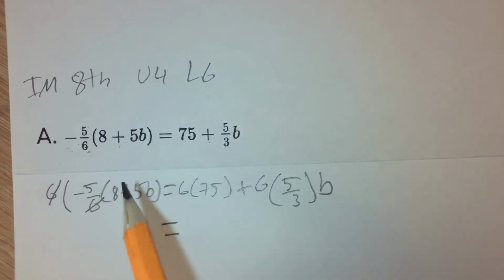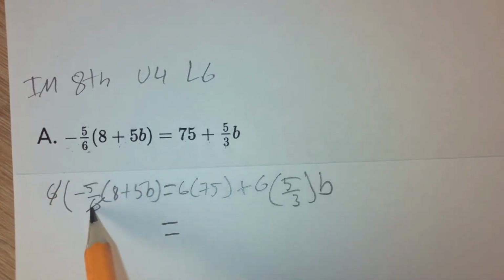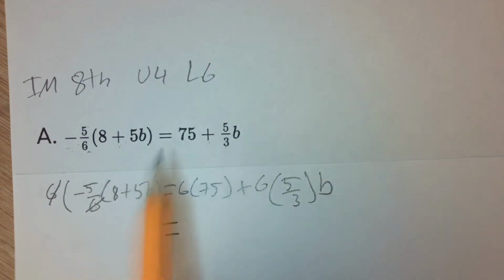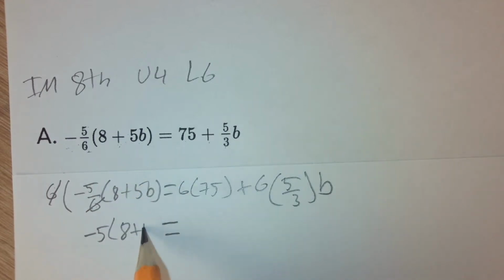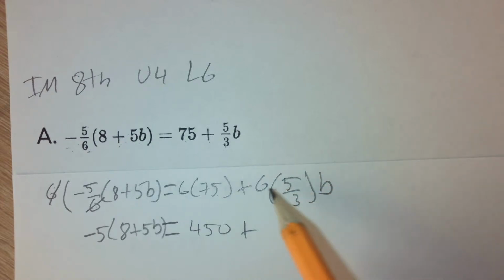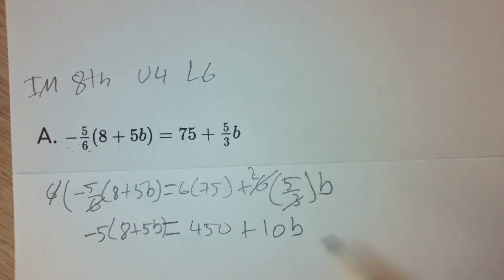I have to remind people of this. 6 over 6 is 1. 1 times negative 5, that's negative 5 times 8 plus 5b. And on the right side, 6 times 75 is 450. And 6 times 5/3, notice that 6 divided by 3, it's a 2. And 2 times 5, that's 10b.